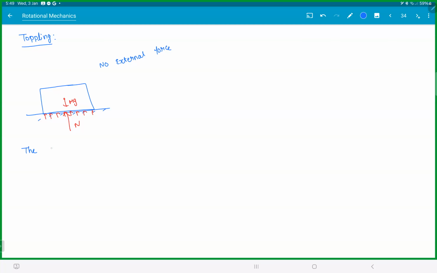And there's no external force. The normal force is uniformly distributed on the surface. And so that N we are taking is always the average. We take the average N to be at the center.